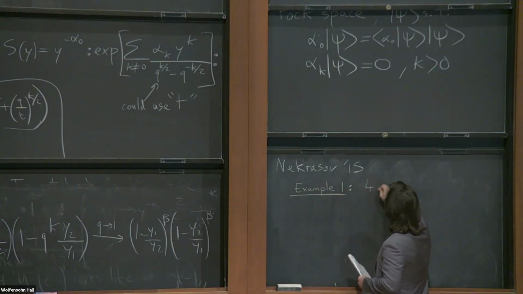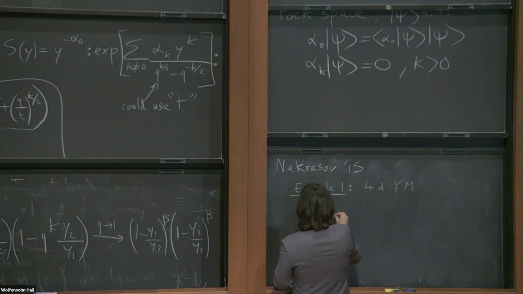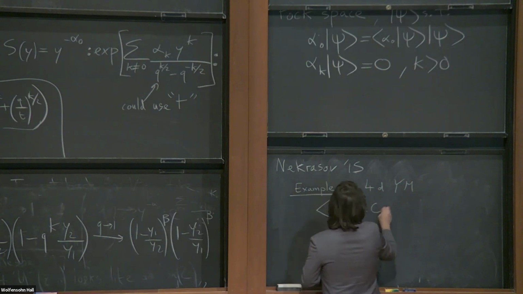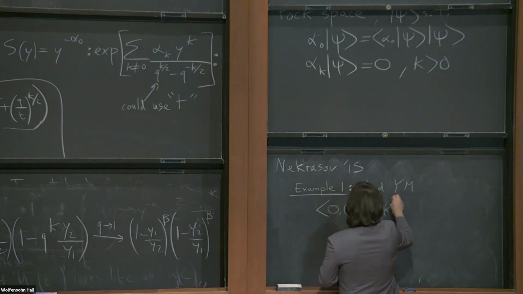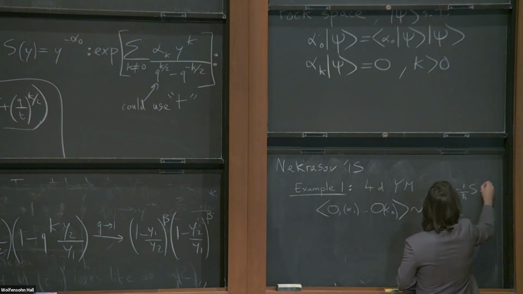You talk about 4D Yang-Mills, and you look at the correlators in 4D Yang-Mills. They're defined as a bunch of operators. Roughly, that looks like the integral over some contour with some measure, e to the -1 over h bar action, operators.